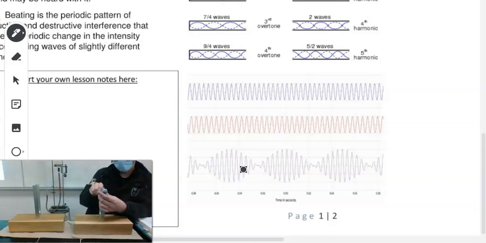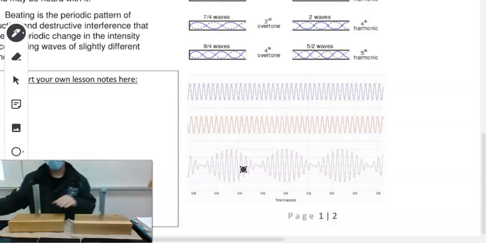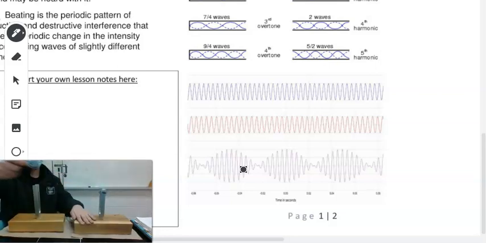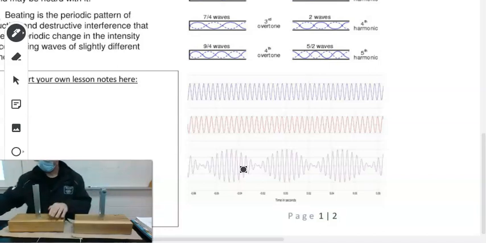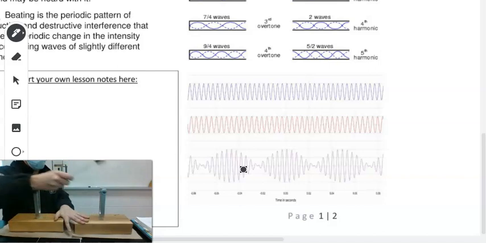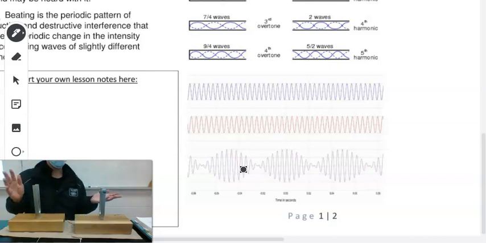Until eventually, if you can get them to be identical, move this one up. There. No more beats. So this is actually how you tune an instrument.